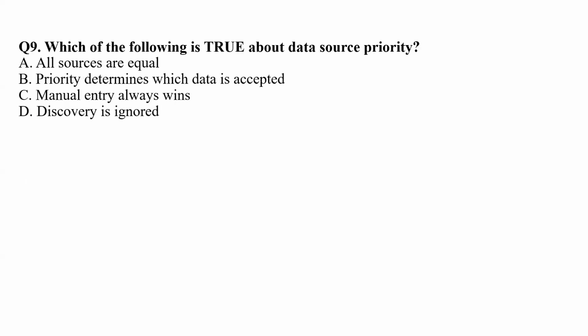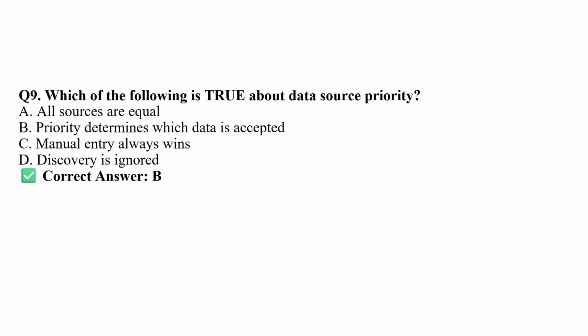Next one. Which of the following is true about data source priority? Option A, all sources are equal. Option B, priority determines which data is accepted. Option C, manual entry always wins. Option D, discovery is ignored. The correct answer is option B, priority determines which data is accepted.